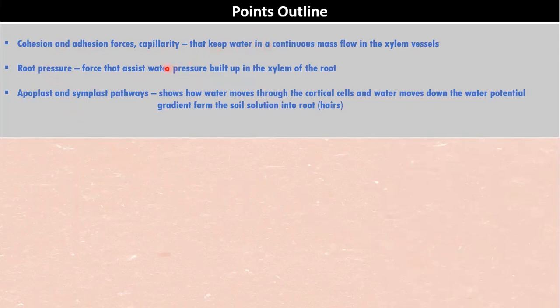We'll also discuss root pressure, which is a force built in the xylem of the root that enables water to move up, little though it is, but an important force. Then we will discuss apoplast and symplast pathways through the cortical cells and the epidermal cells. And in this part, we'll also talk about the endodermis.